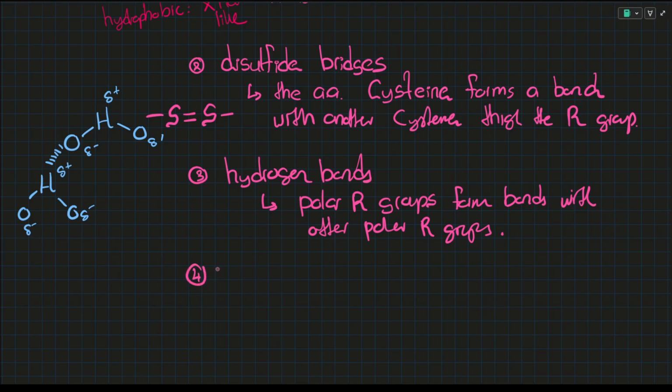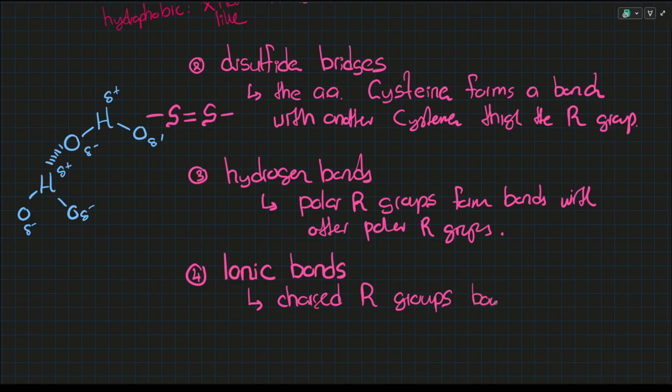The last kind of bonds that you're going to be able to observe would be ionic bonds. Ionic bonds can only occur on charged R groups bound to each other.